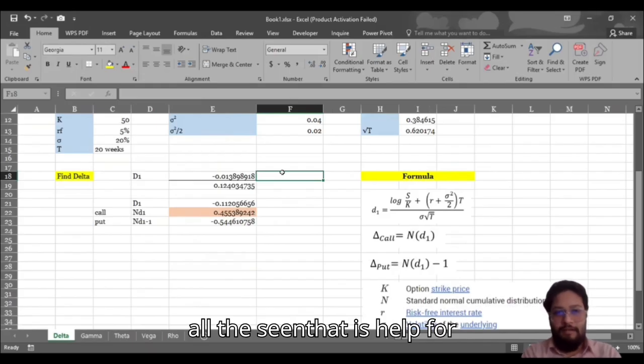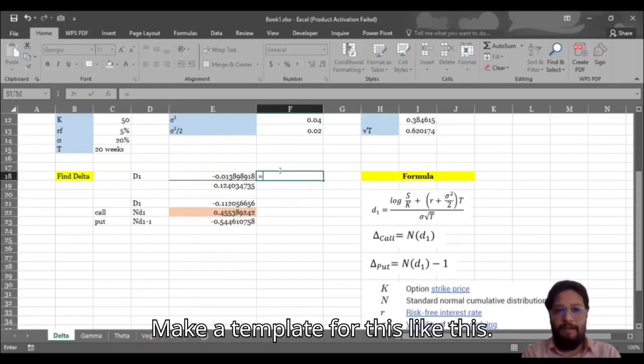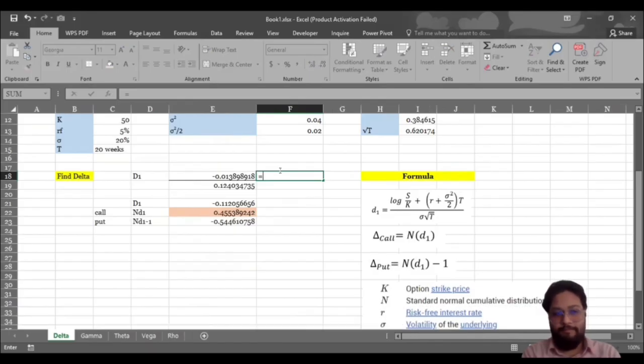That will help you calculate or make a template like this.